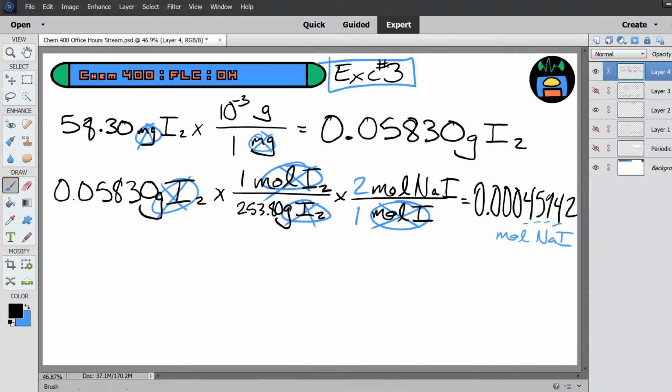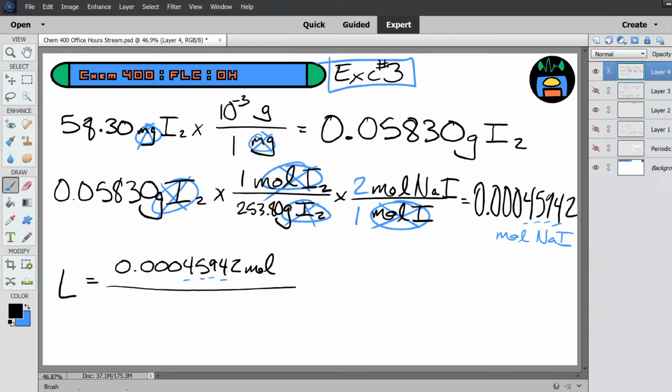All right, now we can use the equation we developed. Our volume in liters will be equal to our number of moles, which we have here, 0.00045942 moles, and again, this has 4 sig figs, all over our molarity.